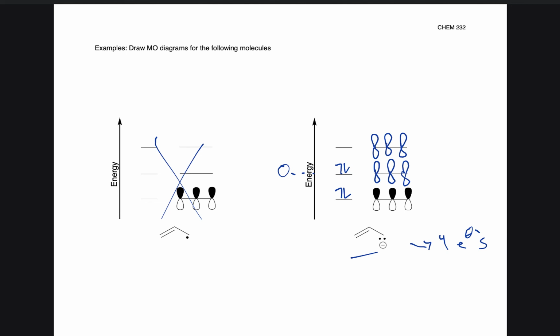What actually happens now is we have 0 nodes, we need 1 node here and 2 nodes here. There's not really a great way to get 1 node on this odd numbered system of p orbitals. So what we actually have to do is remove this middle one here and leave it blank.